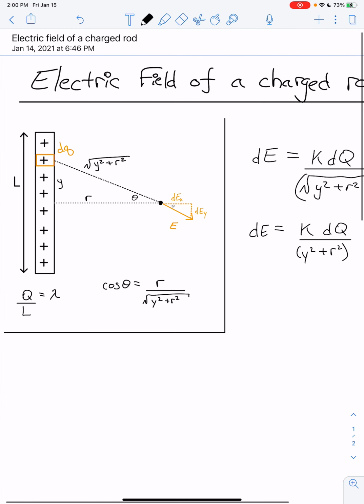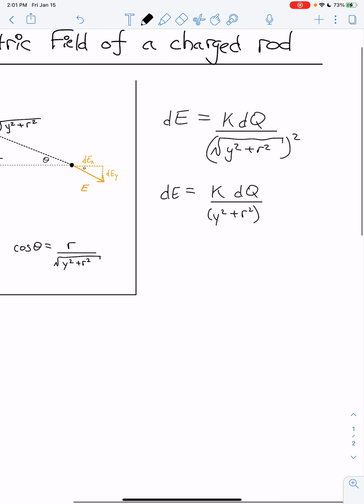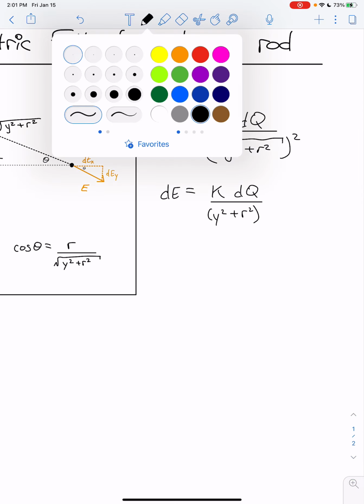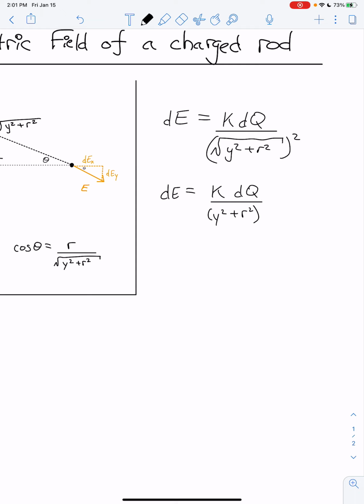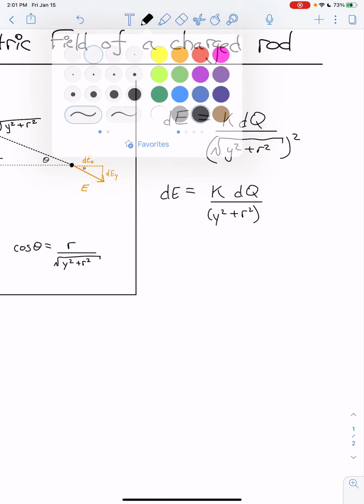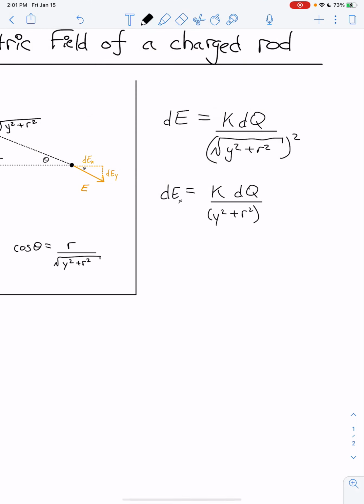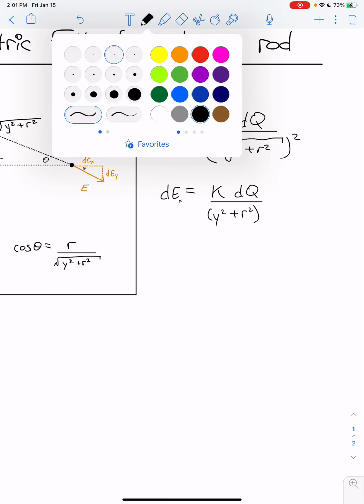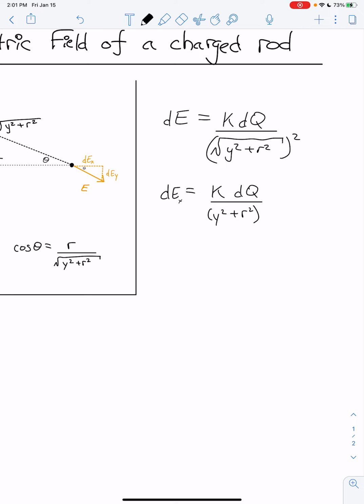Okay. And so that means that we can add a cos theta term in order to get us to the x component of the electric field. Okay. So now what can we do?